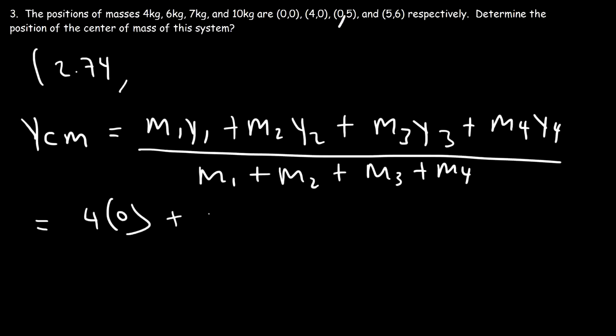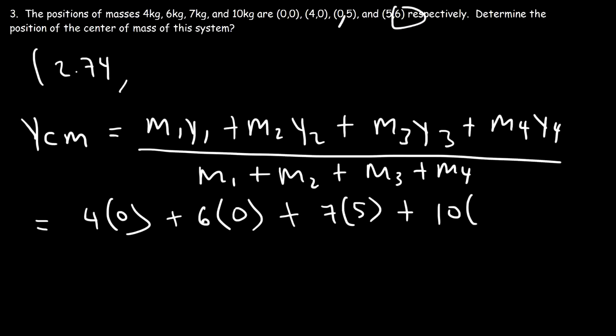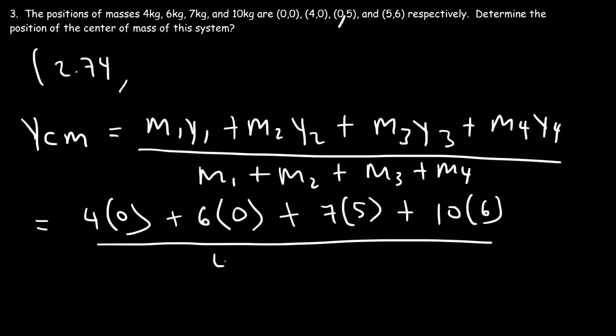The second mass, m2, is 6 kilograms, and the y value is at 0 as well. The third one, the 7 kilogram mass, is located at y equals 5, and the last one is located at y equals 6. And then divided by the same total mass.